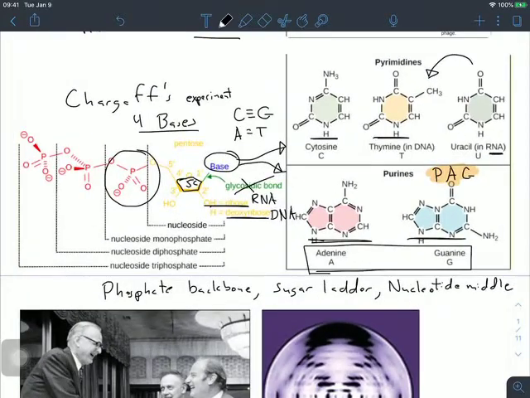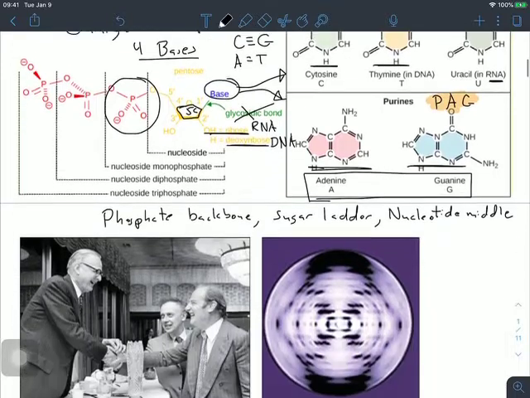But we still didn't know how all of this stuck together. How did it all look when it all became pieced together?